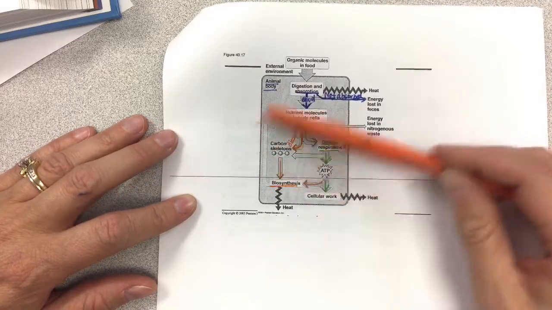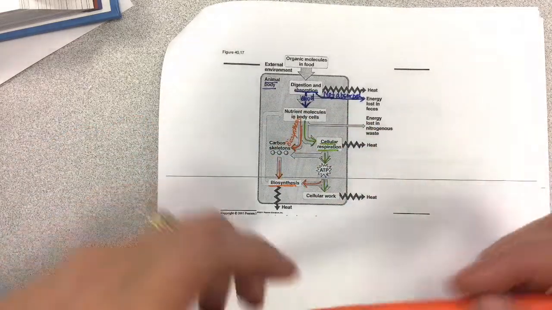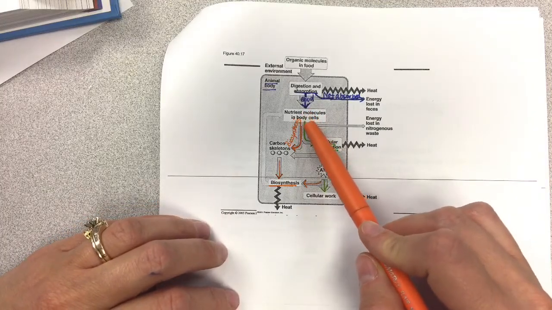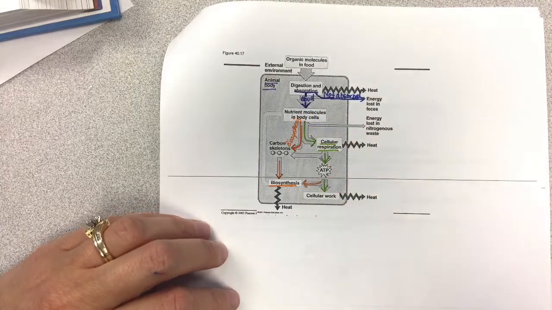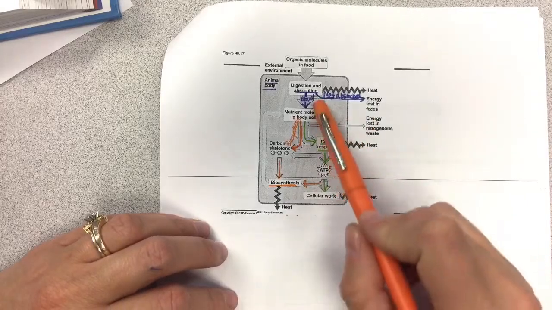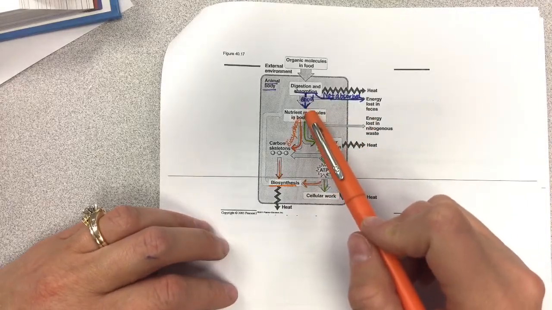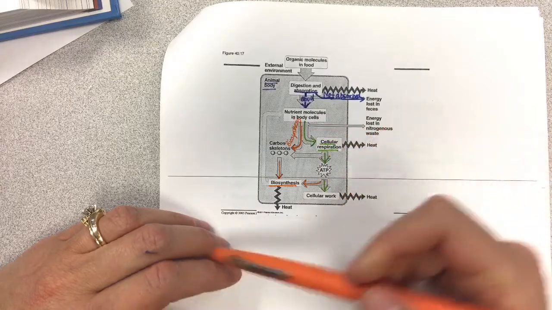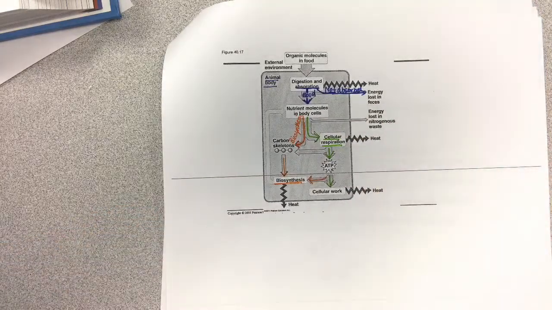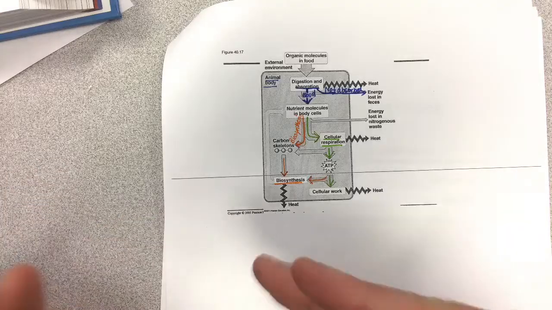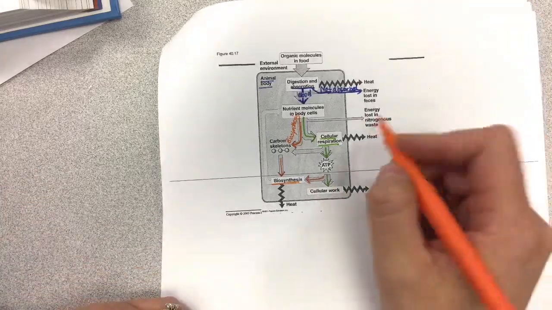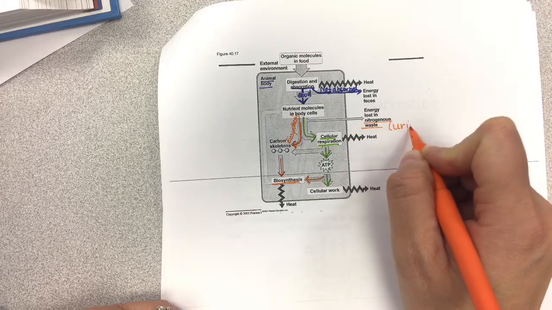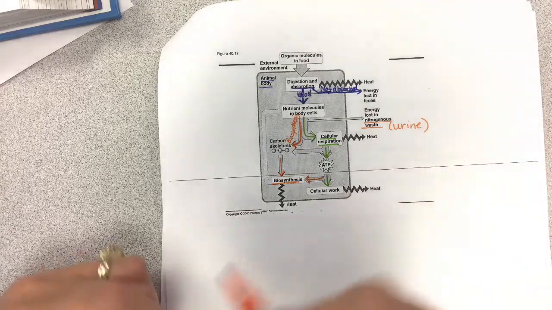And so that's how that loop works there. And the last thing here is that when your body cells break down some molecules, when molecules are used in the body cells, the cells dump waste back into your bloodstream, and your kidneys actually filter it out and get rid of it as nitrogenous waste, and this is your urine. All right, so this is gotten rid of in your urine.